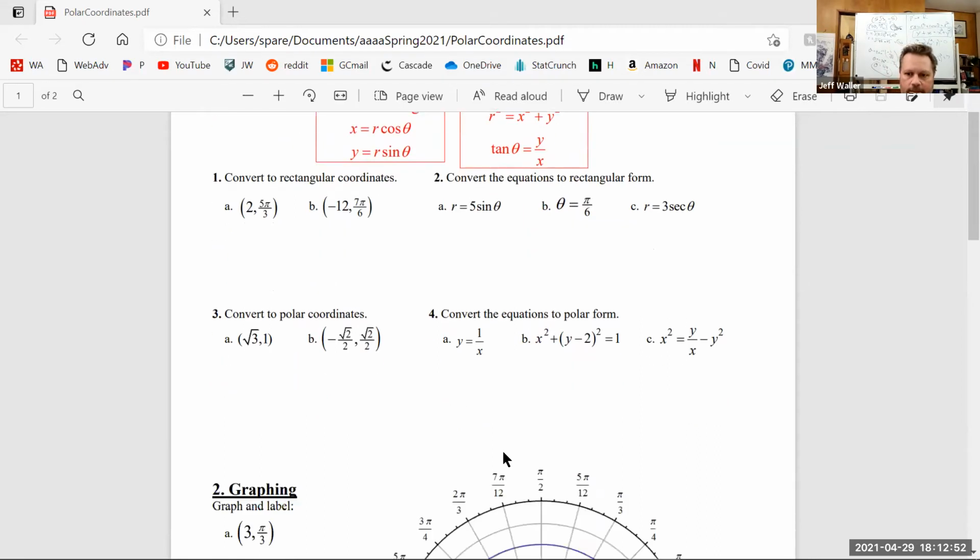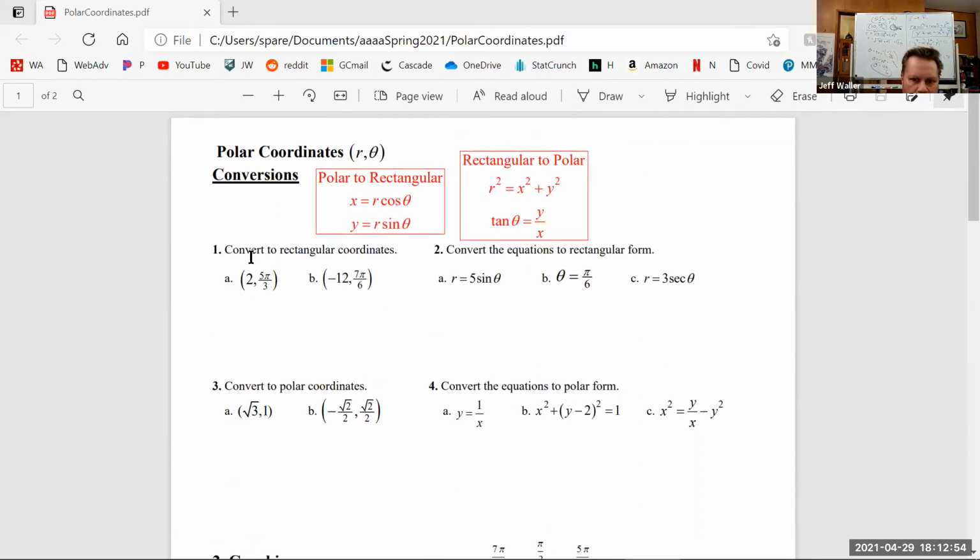So let's try number 1A out here. Notice it says convert to rectangular. So what is 2, and what is 5 pi over 3? What do they represent? What coordinates are they currently in? Are they currently in polar coordinates or rectangular coordinates?